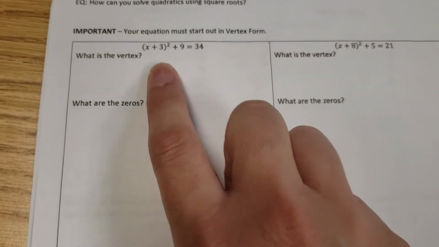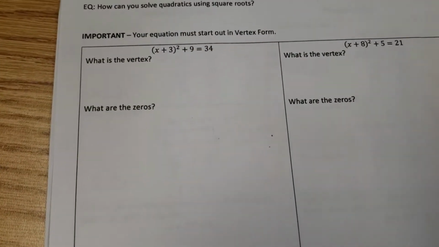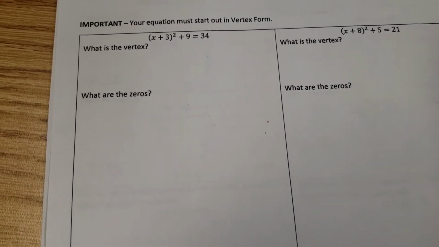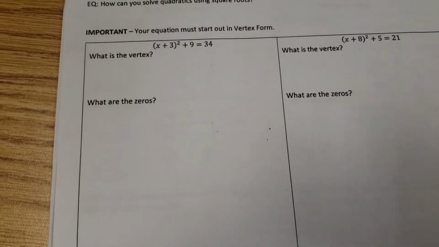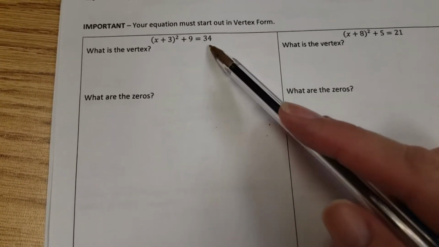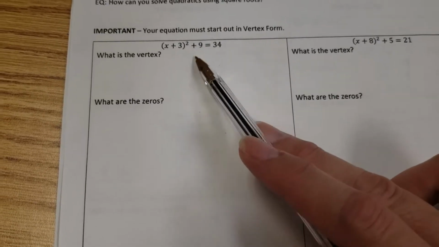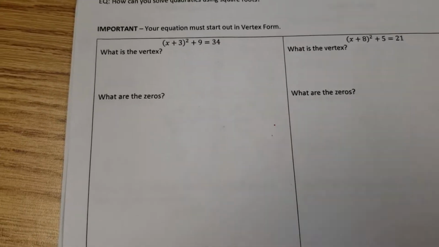So we have an equation already set up in vertex form. Now, much like using the zero product property or the quadratic formula, in order to find the zeros, your equation has to be equal to 0. That's what you're looking for, what input for x produces 0 for y.